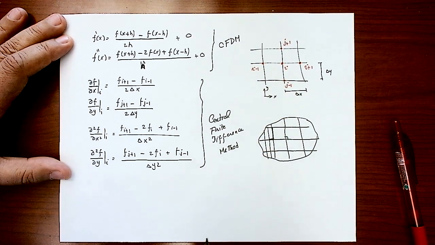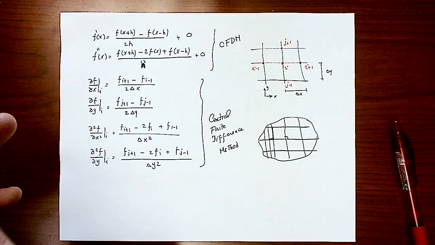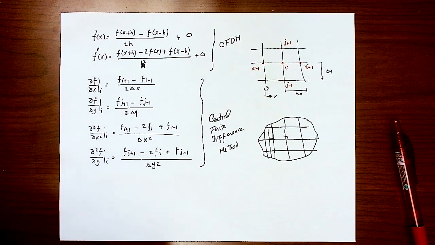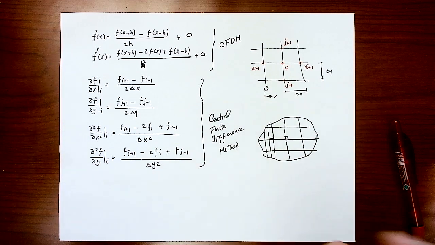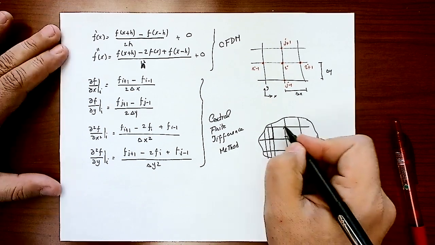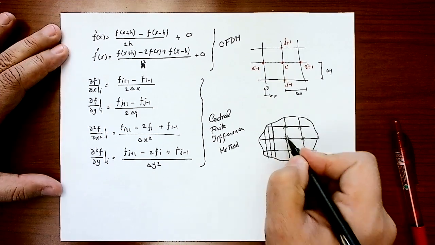Again, keep in mind, this finite difference method is very applicable for structured meshes. It doesn't have to be uniform or non-uniform, but it has to be orthogonal mesh. It's simply where you use quad elements, that's where it's applied. And again, you're going to get the information at the nodal points here.